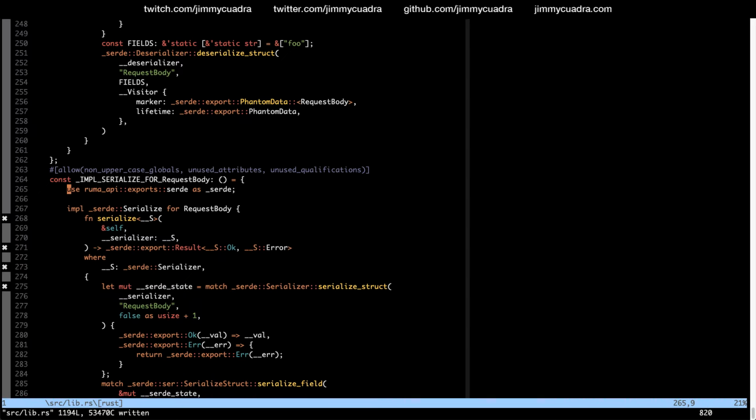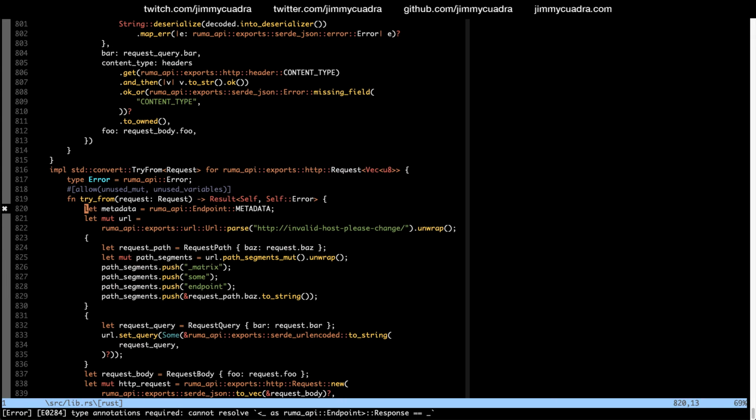So line 820. It's in the TryFrom implementation. Oh, I see. It's because I'm referring to the trait here instead of the endpoint, because this is leftover code from before, when there actually was a struct called endpoint.